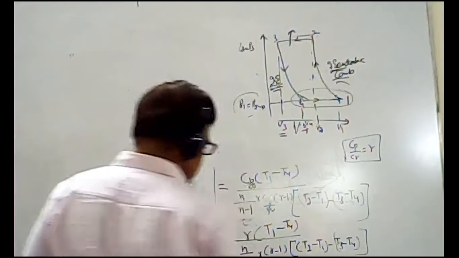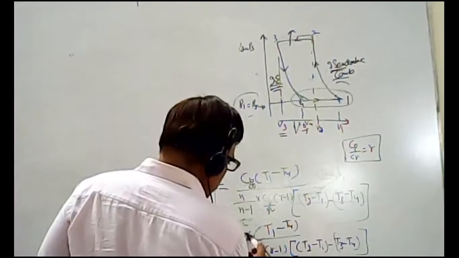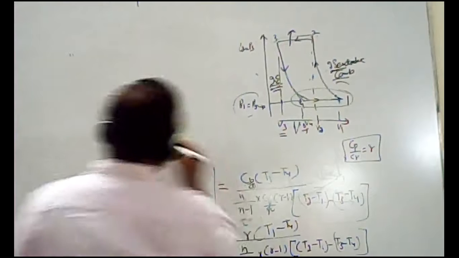Now look here. What if I divide both sides, upper side and lower side, by gamma?